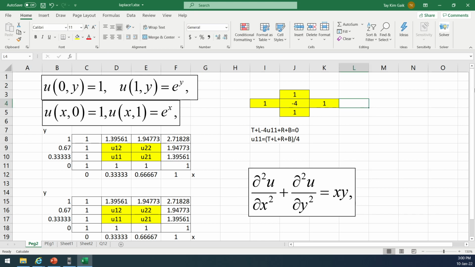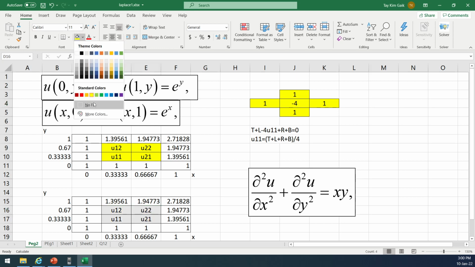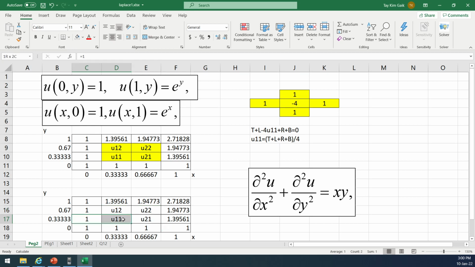We want to key in the formula in u11 first: top plus left minus 4 times u11, plus right cell plus bottom cell.